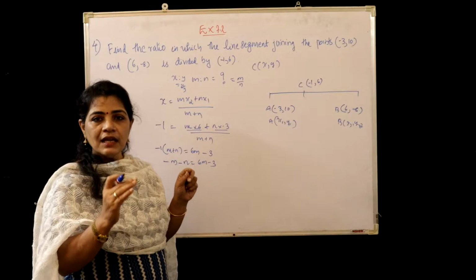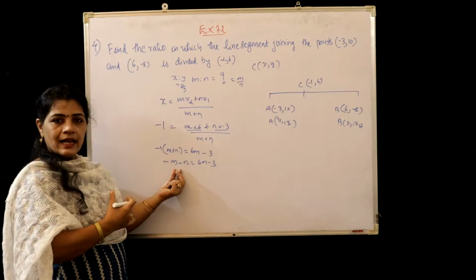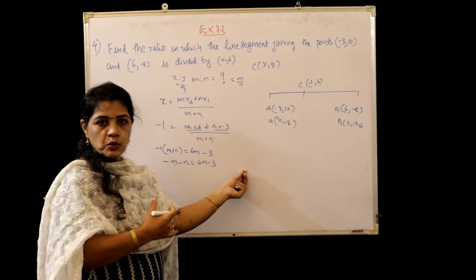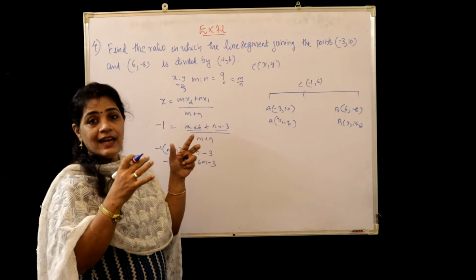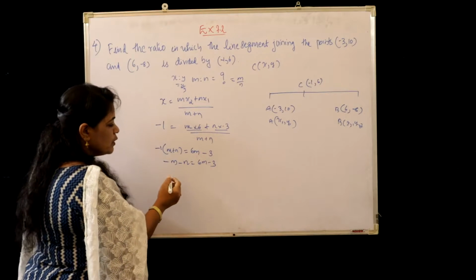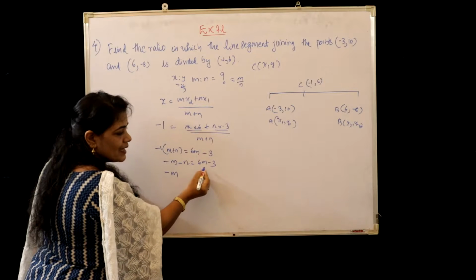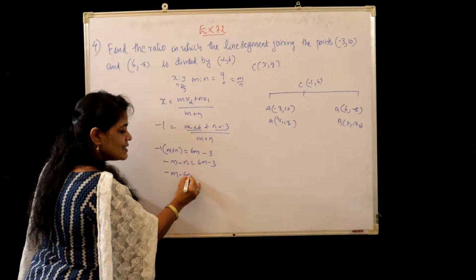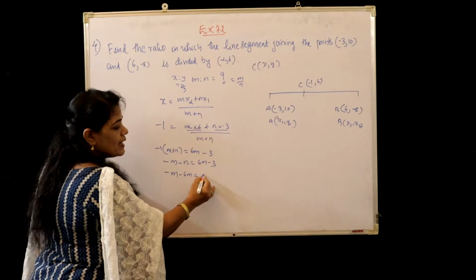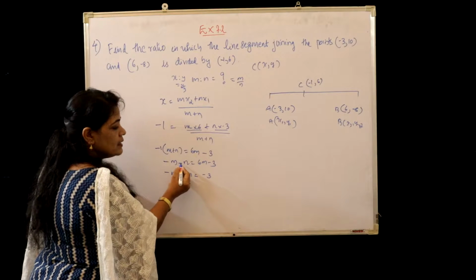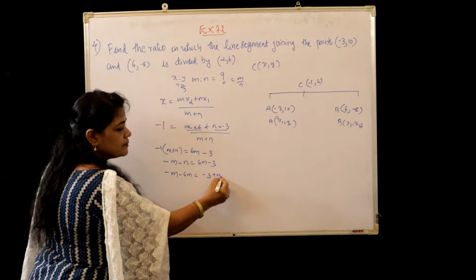That means I am keeping the m terms on the LHS and I am taking n to the RHS, because we need m is to n. That is a very important point. So -m, and I am taking the 6m, so -6m to the LHS. And -3n is already there, and this -n becomes plus n.